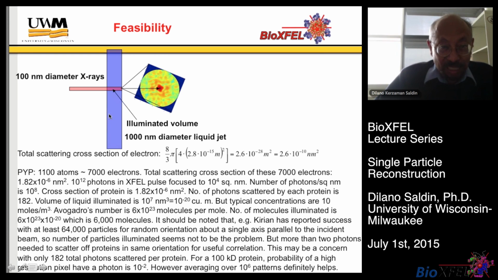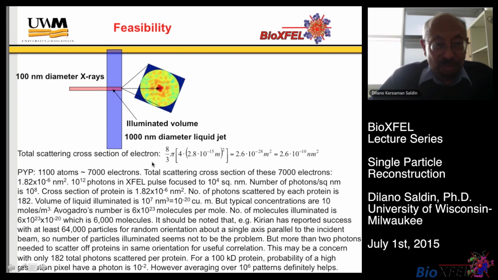But notice that 100 nanometers is still way larger than the size of a typical protein, of a small protein at least. A typical protein may be 5 to 10 nanometers in diameter. So inevitably, even with the smallest beam size you can get at an XFEL, you will probably hit more than one particle at a time.